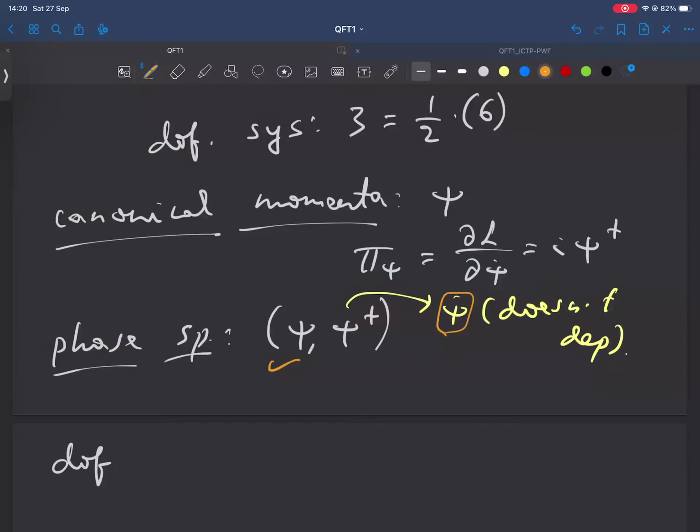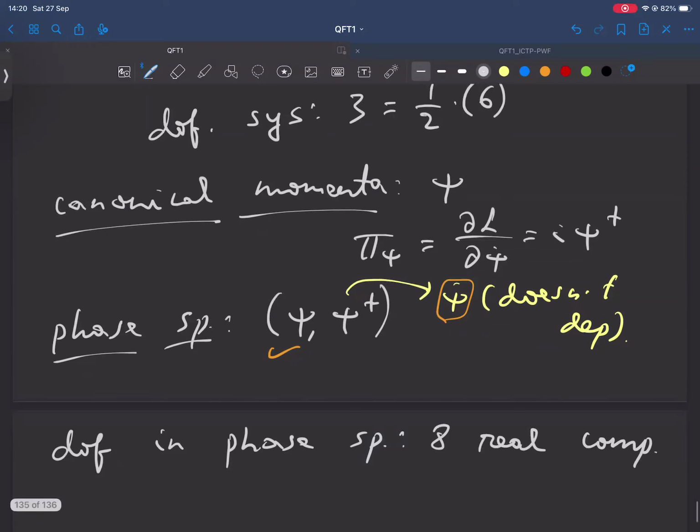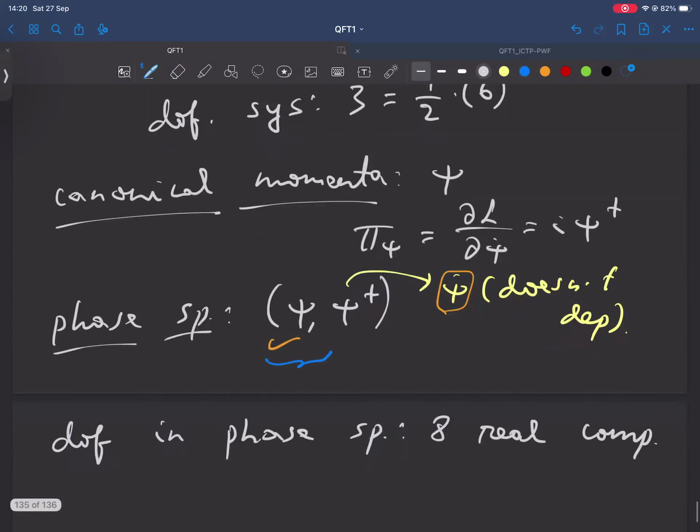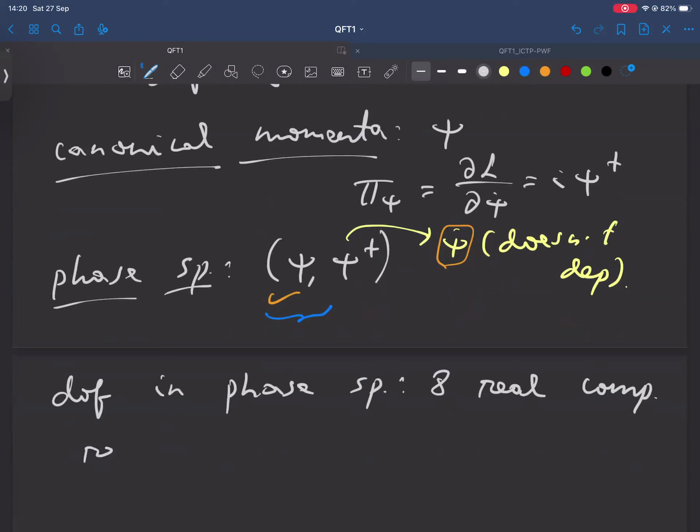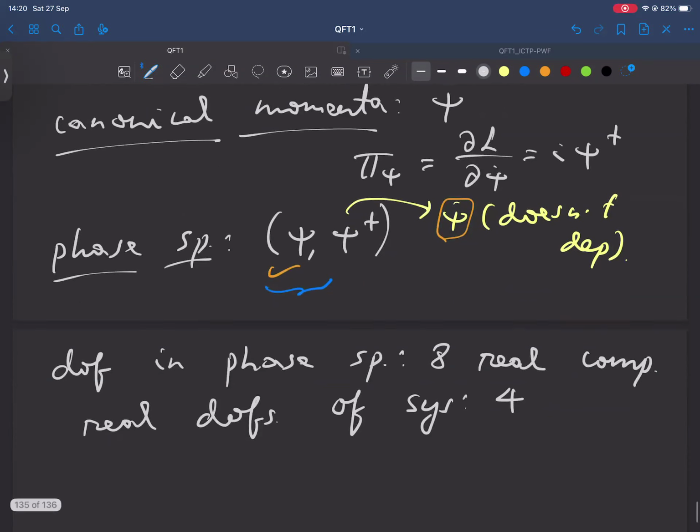So the degrees of freedom in phase space for the Dirac spinor, because the canonical momentum is just the conjugate field, dictate that there are 8 real components in the phase space, which are essentially the number of independent components in psi. So that means the real degrees of freedom of the system, which is described by psi, will be 4.